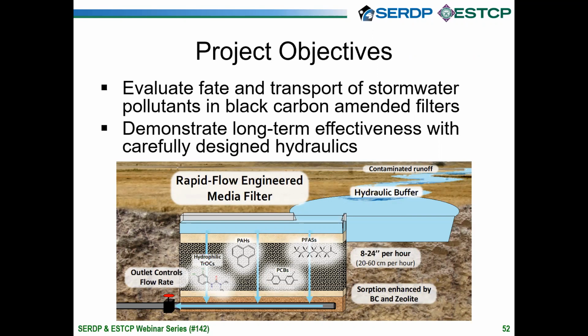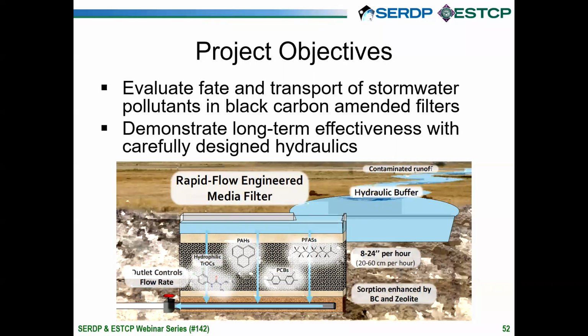Now, to make this work, you would need a hydraulic buffer, in other words, a detention pond of some sort, or a way to control the flow through these filters. The idea would be that if a storm is predicted to come, you could run whatever water is in your hydraulic buffer through the filter a little bit quicker to draw down the buffer, let it fill during the storm, and then treat again during the non-storm period.